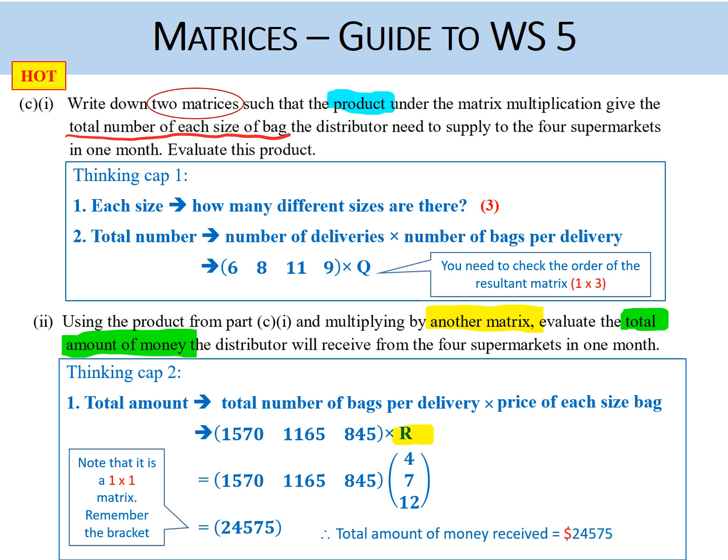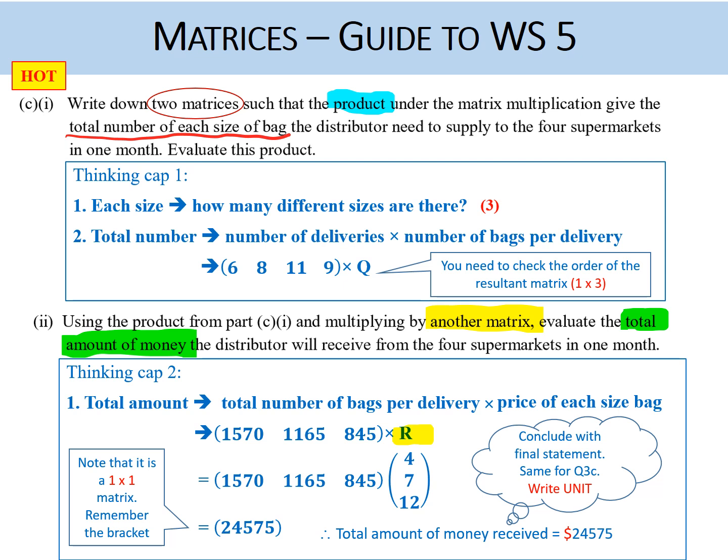So therefore, I need to state, therefore, the amount of money received, and I add the unit. So you do need to conclude this question with the final statement. Similarly, in question 3C, you will also need to write down the final statement.